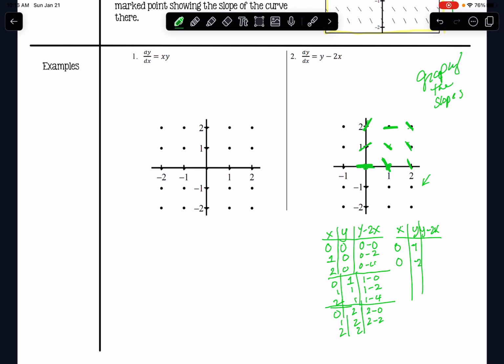So when x is 0, that would be negative 1 minus 0, so negative 1. And negative 2 minus 0, so negative 2. And then I'll do 1, negative 1, and 1, negative 2. So negative 1 minus 2 would be negative 3.